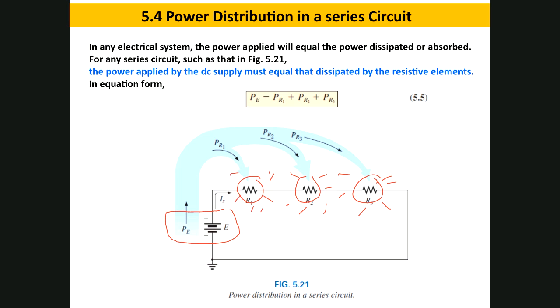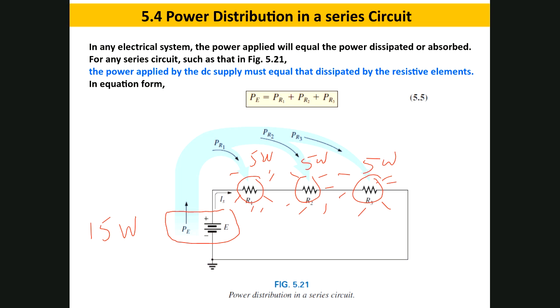The total power, let's assume, is 15 watt. So if those resistors have the same value, I have the same amount of power. Let's assume each will absorb 5 watt, 5 watt, 5 watt.